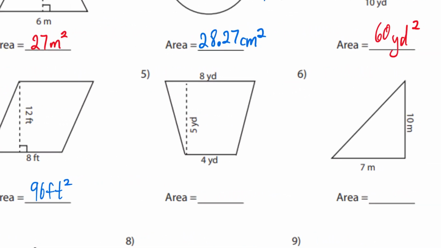All right, number 5. What's this? Trapezoid. How do we find the area of a trapezoid? Okay, because what you're doing is you're averaging the bases.